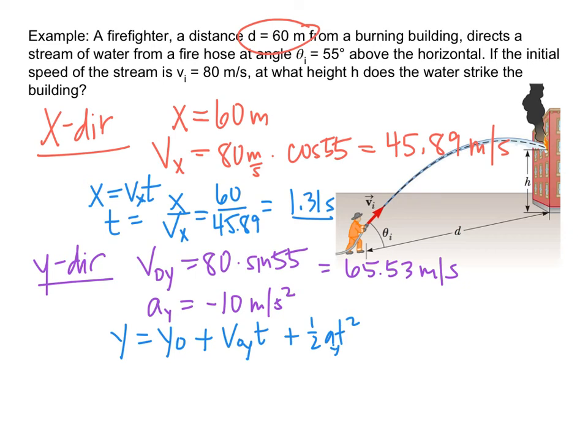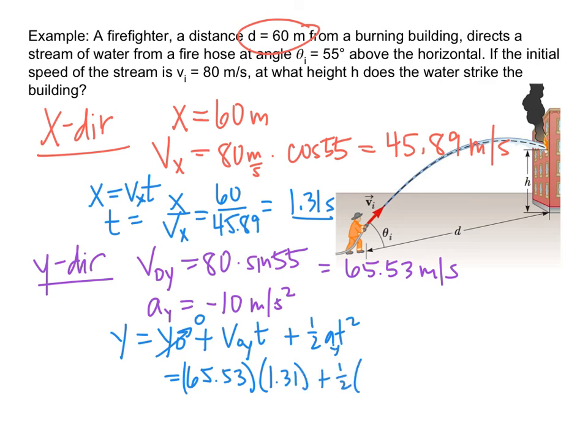The problem doesn't really give me the height of the firefighter or where he or she is holding the hose, so I really can't consider a y sub 0, so I'm going to have to just assume it's 0. My initial velocity in the y direction I found to be my 65.53. I'm going to take that times the time we found earlier.